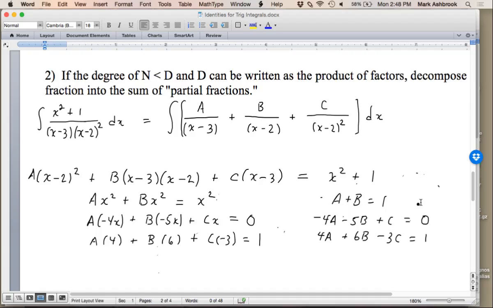Okay, so now I've got 3 equations, 3 variables. So you might use a matrix method, you might use elimination, substitution, a combination thereof. So what I see here is I've got this equation a plus b equals 1. If I could eliminate c from these two, then I'd have another equation of a and b, and I could combine it with the first one. So when I combine these second two, I want to eliminate c.